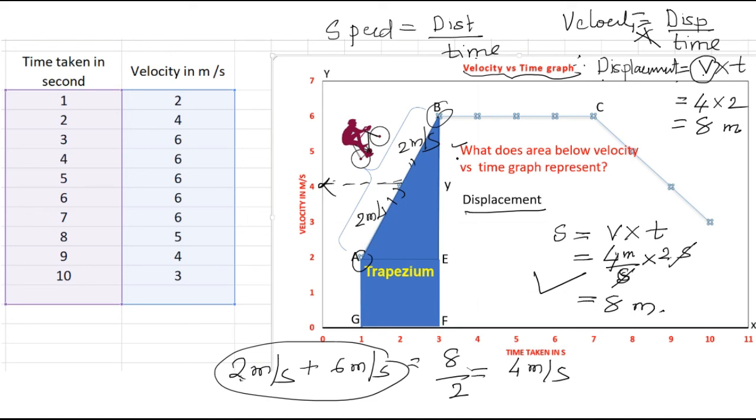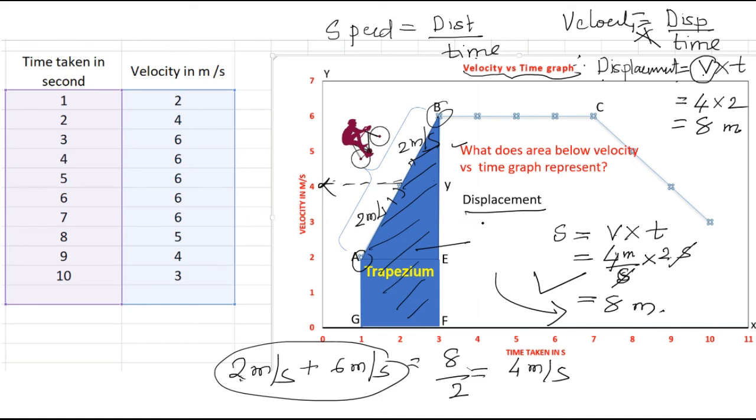Now what we have understood now, the area below the velocity versus time graph, complete area, represents displacement. Now if you use the area of trapezium and find out the value of this, will it be equal to 8 meters? And that's what we are going to check in the next video tutorial.